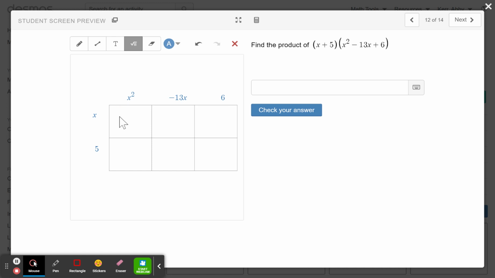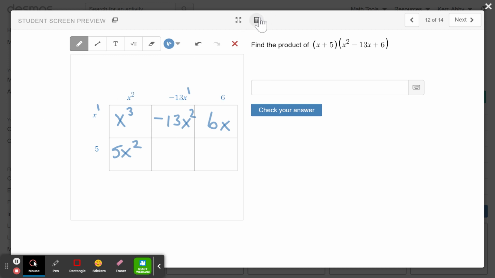We need to add the exponents. So x times x is just x to the third, because we multiply 1 by 1 and then add the exponents. This gets us negative 13x squared, 6x, 5x squared, because 5 times x squared is just 5x squared.